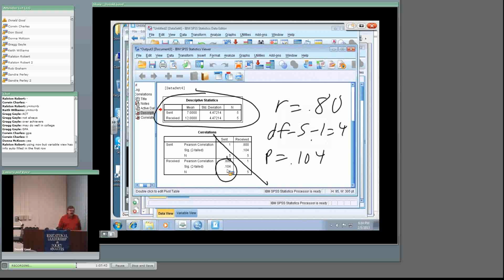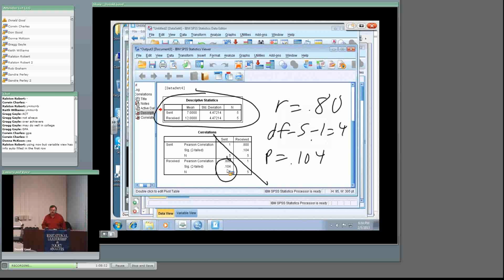P is the probability that it's not significant. Therefore, the lower the p-value, the more likely that it is significant.